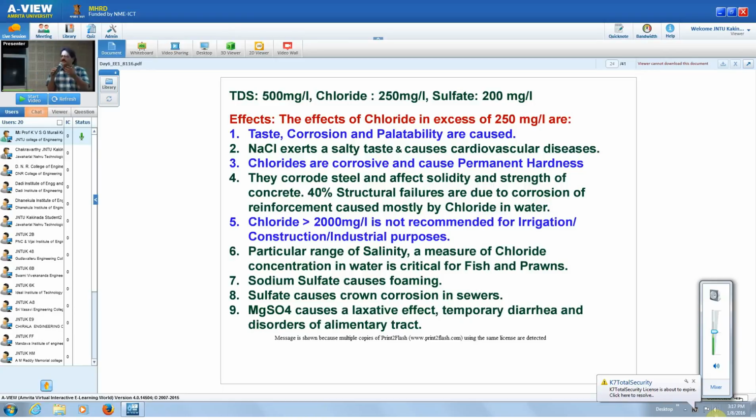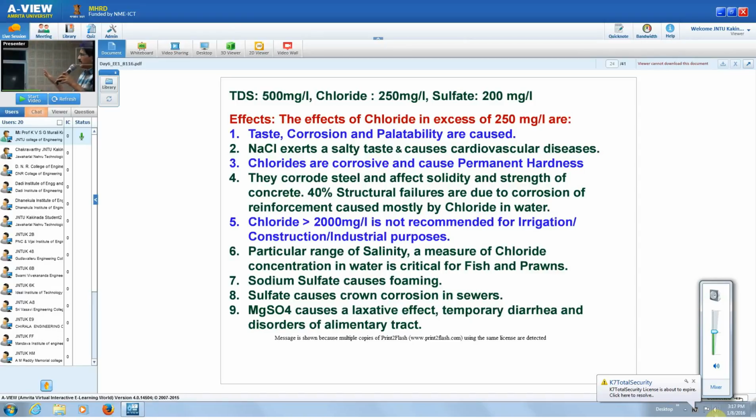Whatever maximum damage they can do, they do it to a structure. Not only water, coastal areas have high concentrations of salt particles in the air. Even this salty breeze can corrode steel.